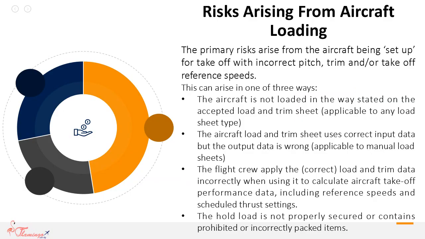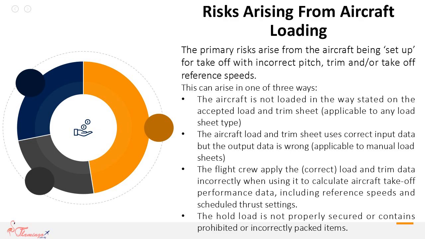The primary risks arise from the aircraft being set up for takeoff with incorrect pitch, trim and/or takeoff reference speeds. This can arise in one of three ways: the aircraft is not loaded in the way stated on the accepted load and trim sheet, applicable to any load sheet type. The aircraft load and trim sheet uses correct input data but the output data is wrong, applicable to manual load sheets.